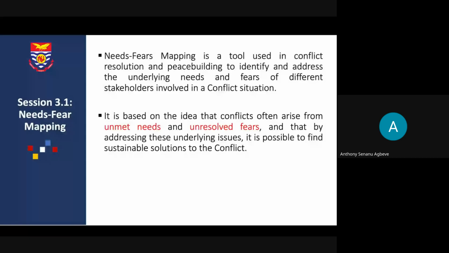So this analytical tool is based on the idea that conflicts often arise when people feel their needs are not met, or when people feel that their fears have been unresolved, right? So then, if we want to address the conflict, we will want to use this tool.